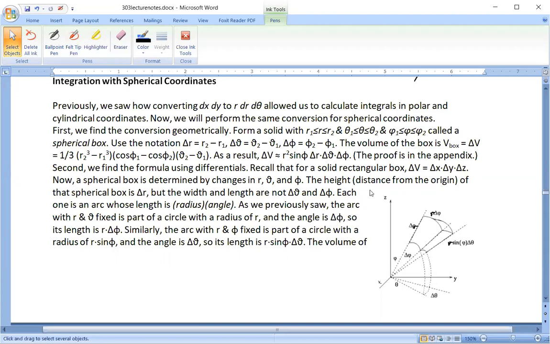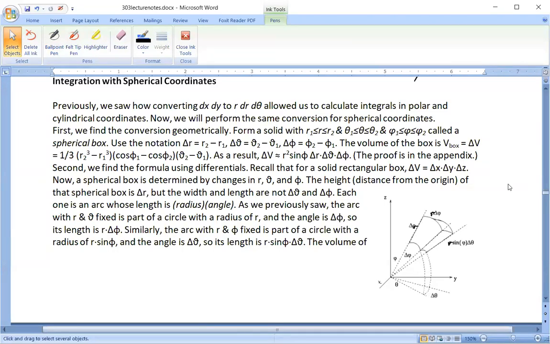Okay. So with all those three deltas, that gives us this solid object, and that's called a spherical box. We could think of it as a little bit of volume, and so we call that delta V. So what is delta V?